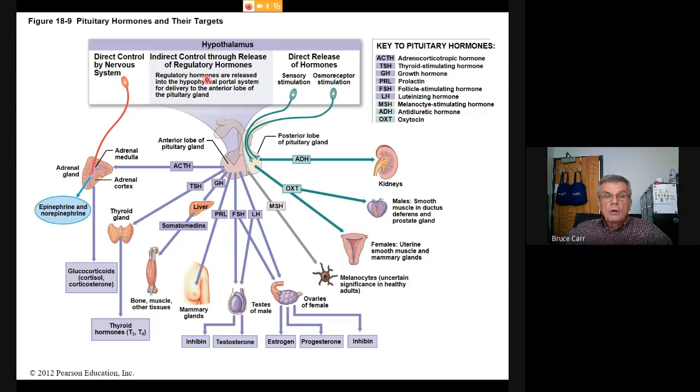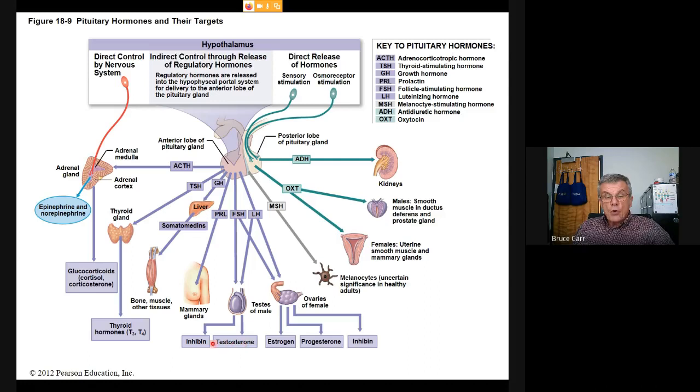This middle direct control of the hypothalamus over regulatory hormones in the anterior pituitary will lead to these other lines of regulation. So here we are going to the thyroid gland, growth hormone working on the liver, prolactin working on milk production, follicle-stimulating hormone and luteinizing hormone acting on the testes or on the ovaries.